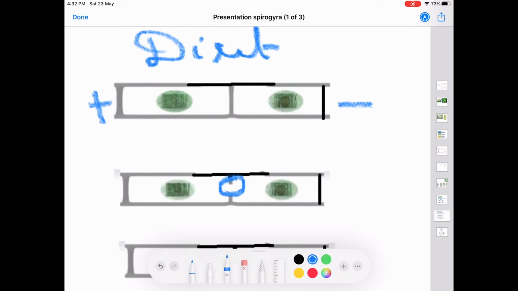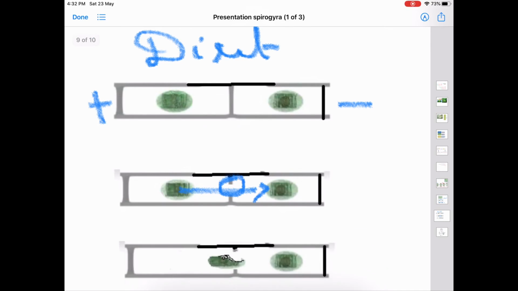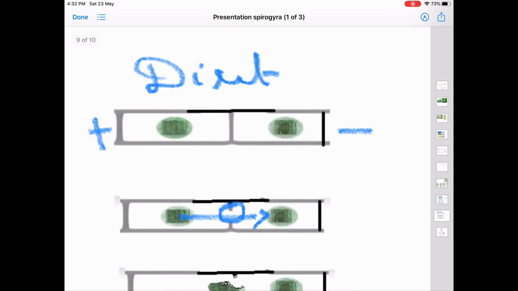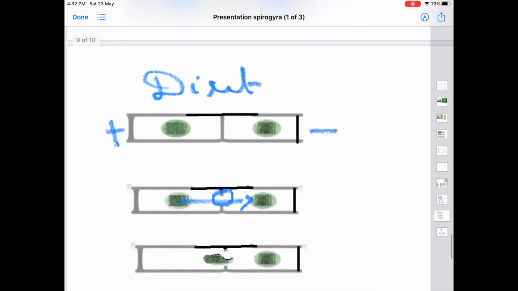The male gamete will move into the female gamete and fuse with it, producing a diploid zygote. This is all about the different types of conjugation, the scalariform conjugation and lateral conjugation.